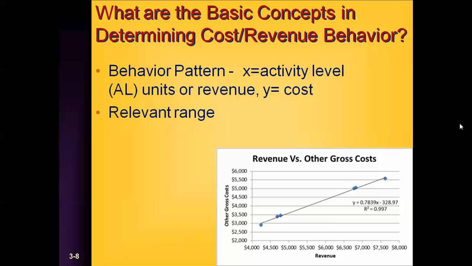Specifically, and we're going to start introducing some algebraic concepts here. On the x-axis, you'll typically see in the cost revenue behavior graph activity level, and this could be in units, or in the case of this particular graph, units converted to revenue. And then on the y-axis, you're actually going to see cost data.